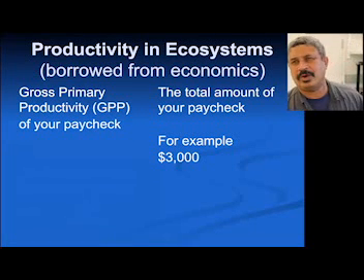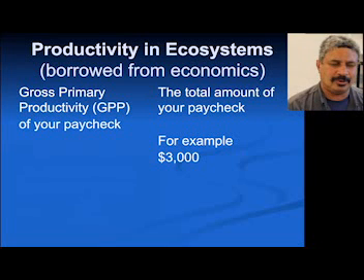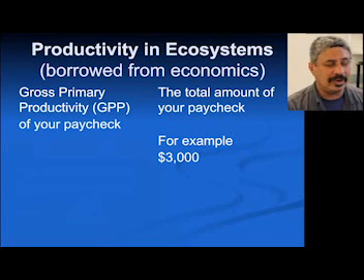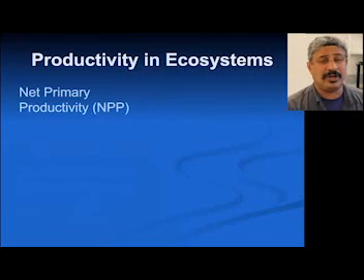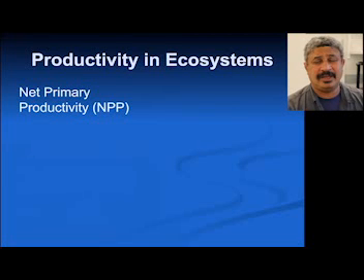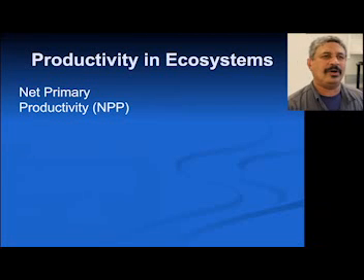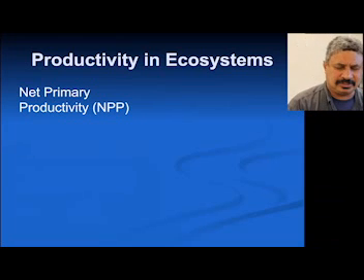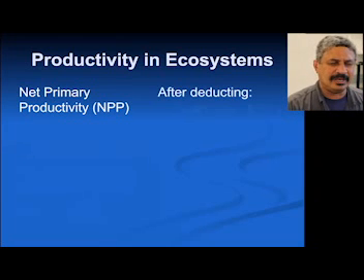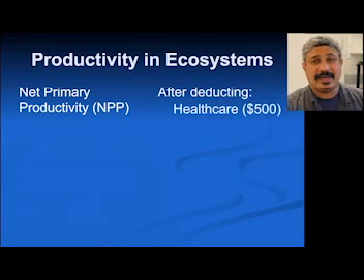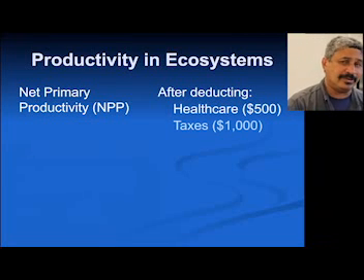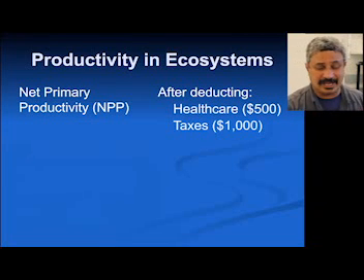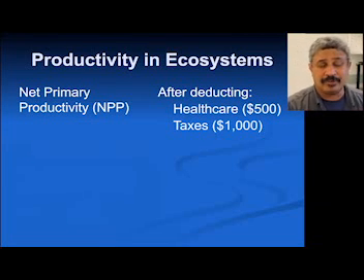But is that what you're able to spend? Is that what you take home? No. What you have is the next piece in this called the net primary productivity. This is the amount after all the essential things we have to spend on. So after deducting healthcare, after deducting taxes, federal taxes, California taxes, city taxes, if you own property, property taxes, then what do you have left?